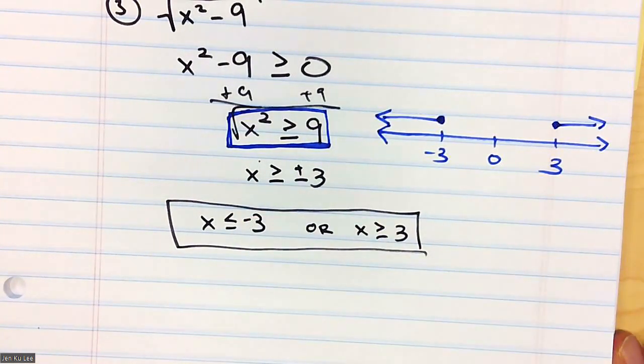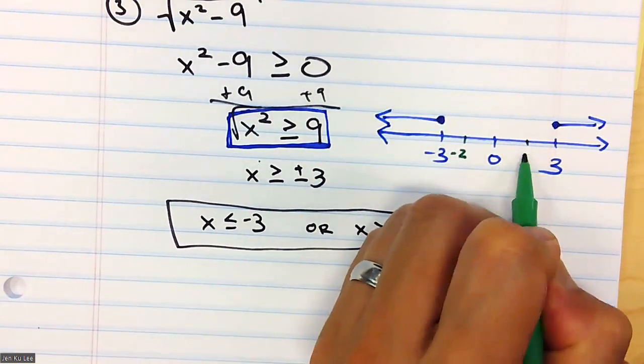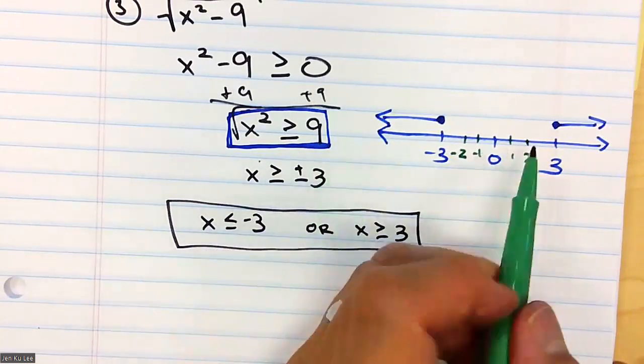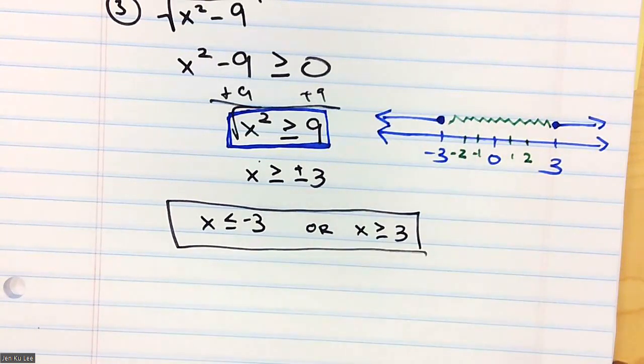And it cannot be 2, or negative 2, or negative 1 or 1. I do not want anything inside here. That make sense?